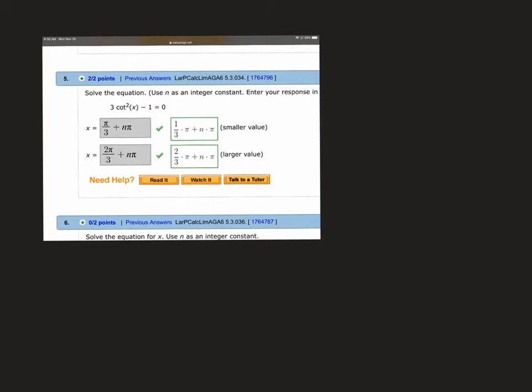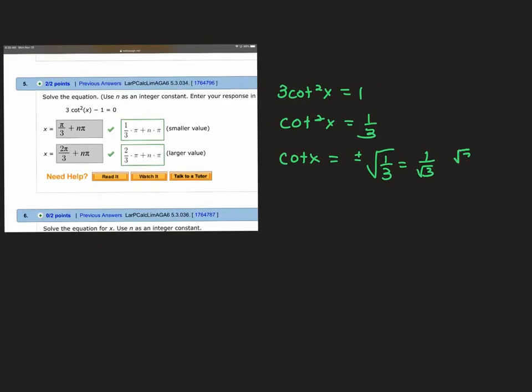Five, 3 cotangent squared minus 1. So this would be 3 cotangent squared x equals 1. Cotangent squared x equals 1/3. Square root both sides. Cotangent x equals plus and minus the square root of 1 over 3, which is 1 over root 3, which gets rationalized to root 3 over 3. And it's plus and minus, so it's everywhere on my circle.